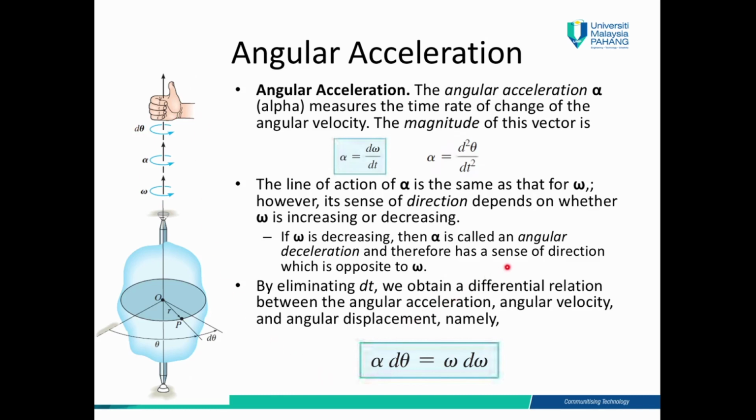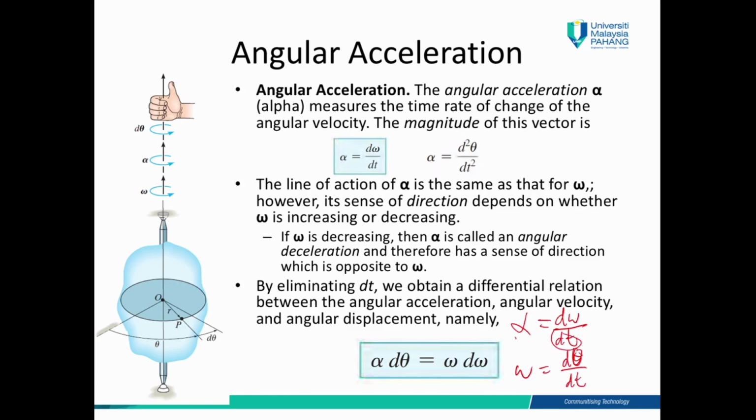And we can eliminate dt to get the equation here. As you know, the angular acceleration is the rate of change of the angular velocity, and the angular velocity is equal to the rate of change of the angular displacement.